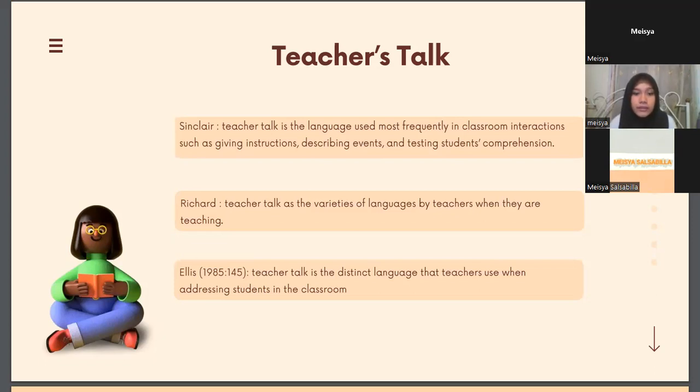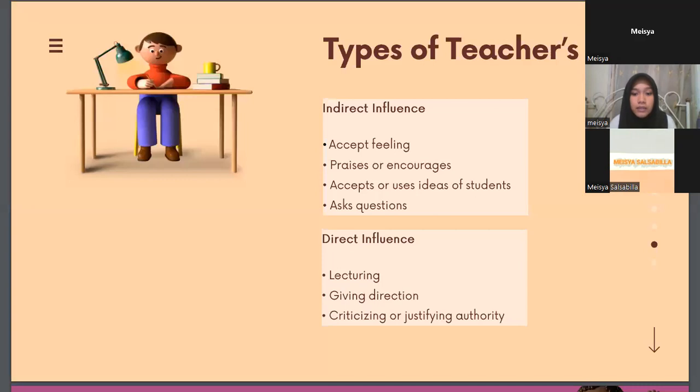And the types of teacher talk, here you can see teacher talk is divided into two subcategories. There are indirect and direct influence. In indirect influence, the first is accepting feelings. It helps students to understand their feelings and attitudes by letting them know that they will not be punished when they are expressing their emotions.